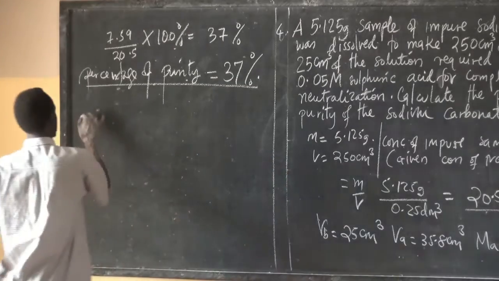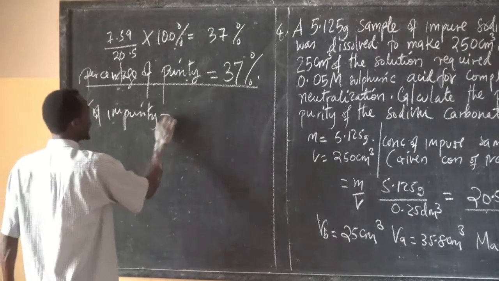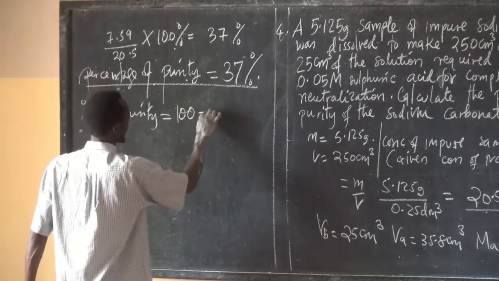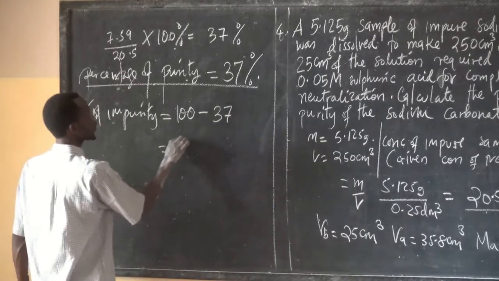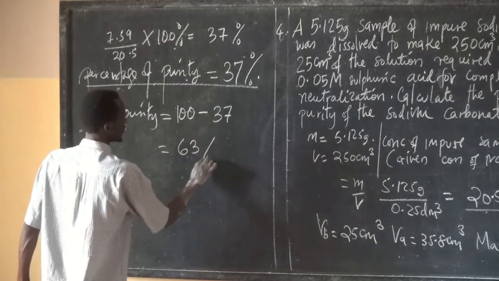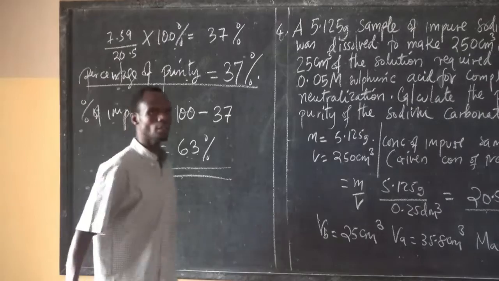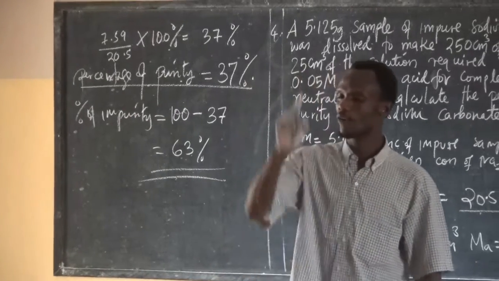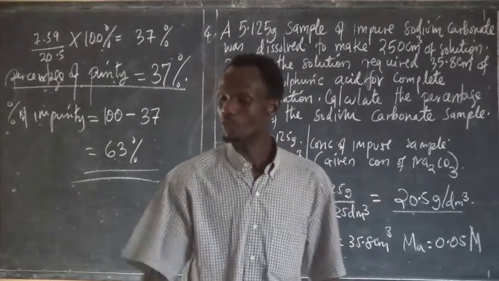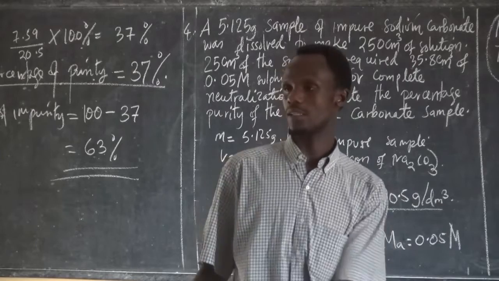To obtain the percentage of impurity, you take 100% minus the percentage of purity, which is equal to 63. Percentage of impurity is 63%. That is how we determine the percentage of purity and percentage of impurity when talking about volumetric analysis.